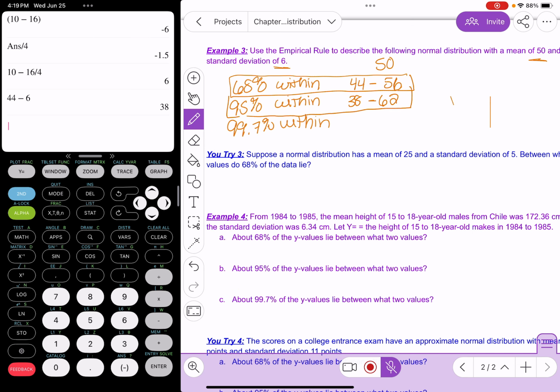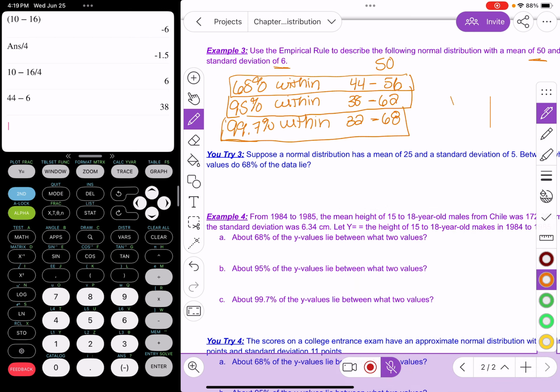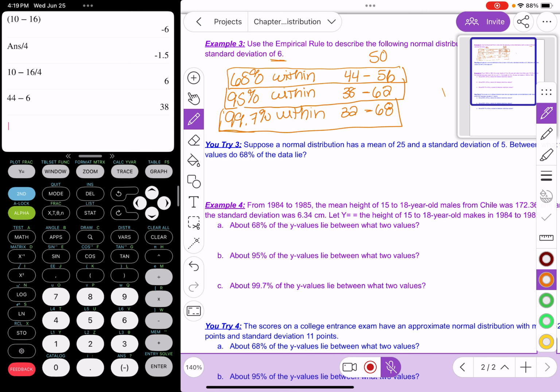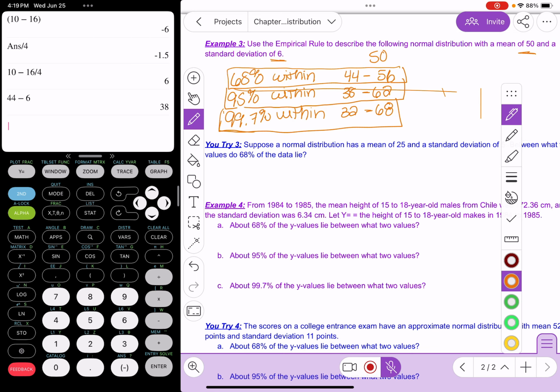And then we do 6 more. So 62 plus 6 is 68, and 38 minus 6 is 32. So 99.7% of our data is going to fall between 32 and 68. All right. Why don't you pause the video and try the You Try 3.